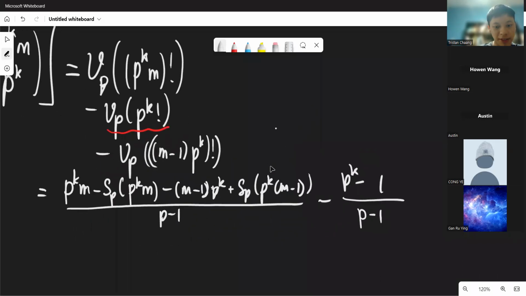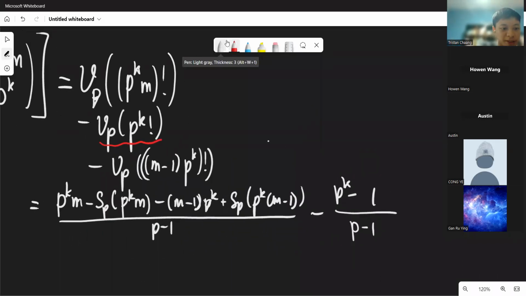Okay, a lot of things we can cancel here. For example, this term cancels off with this term and this term. And the good thing is, look at the other sum of digits. What is the sum of digits of a number multiplied by a power of p? In base p, if you multiply by a power of p, you just add a bunch of zeros at the back, right?